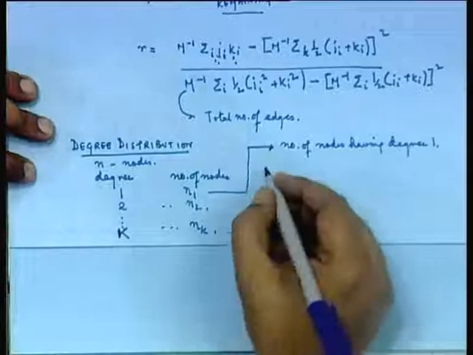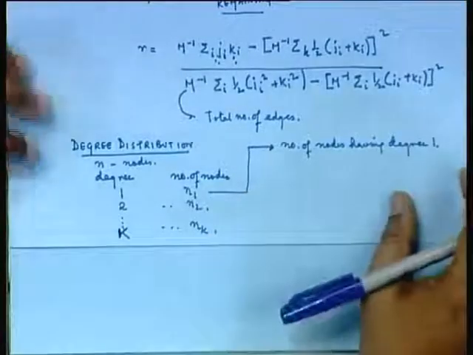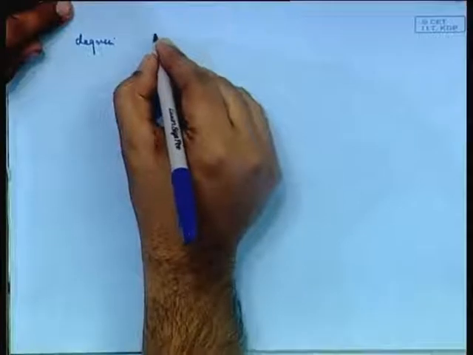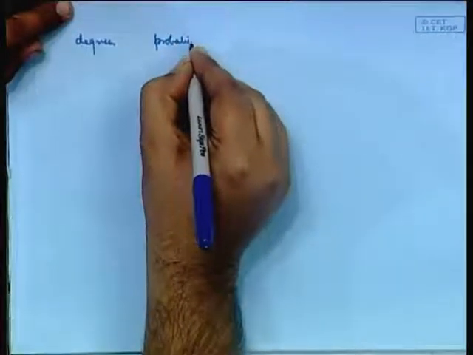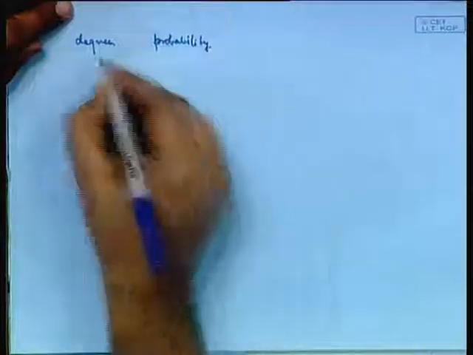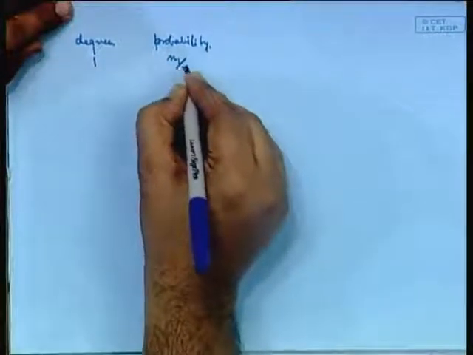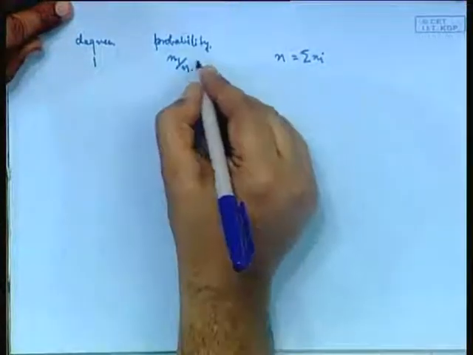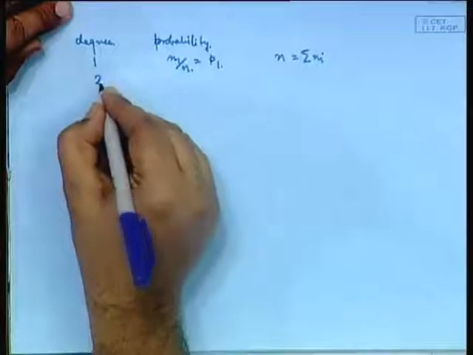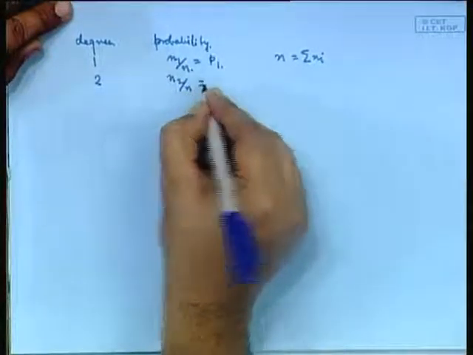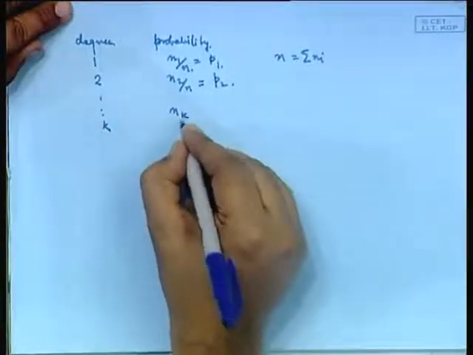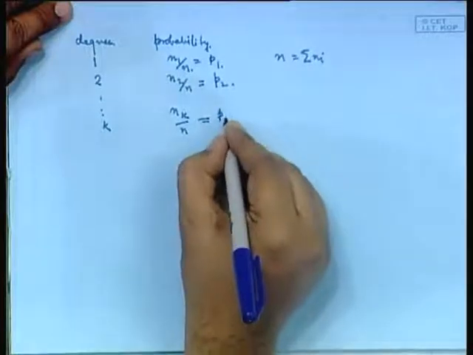So, now taking the same thing we can write degree probability. 1 is n_1 by N, where N is the summation of the n_i's, and this I can write as p_1. 2 is n_2 by N, which is p_2. This way k, n_k by N, which is p_k.